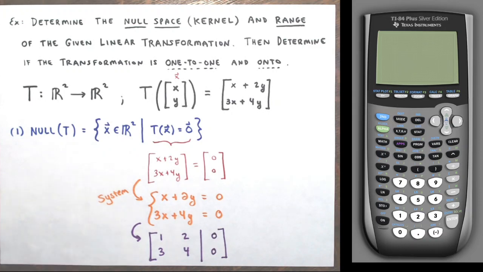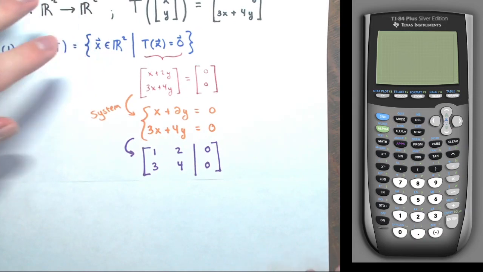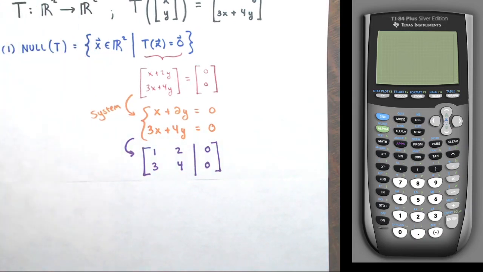Then I take this augmented matrix and either put it into echelon form and use Gaussian elimination, then solve by back substitution, or put it in reduced echelon form. That's Gauss-Jordan elimination, and you'll have the solutions pretty readily available in reduced echelon form. So I'm going to do that.